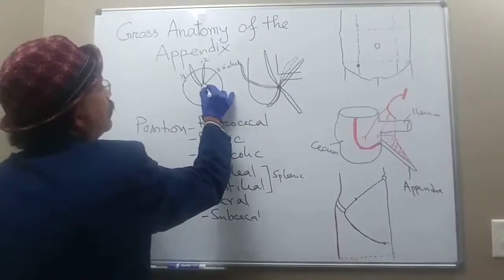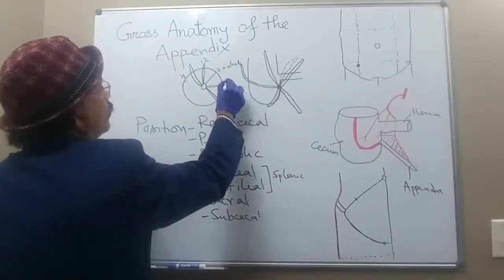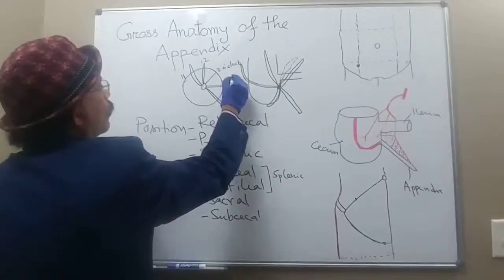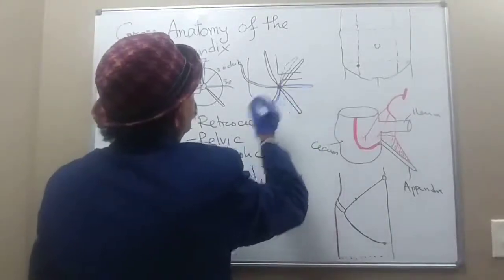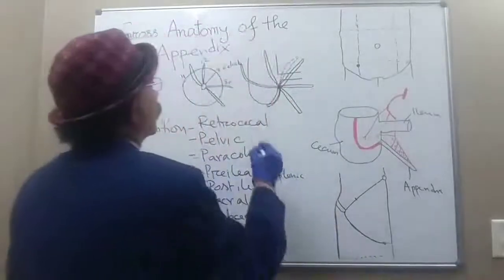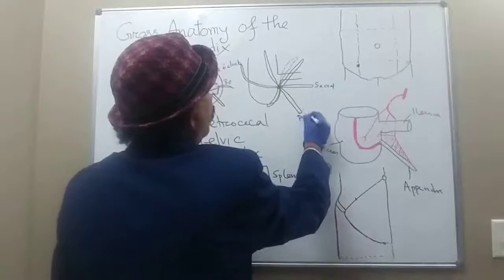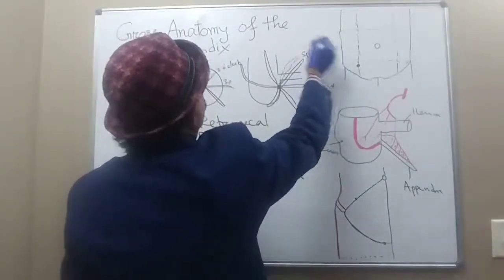We have another one called sacral, the 3 o'clock position, which points towards the sacral promontory. This is sacral, this is pelvic, and these are splenic positions.